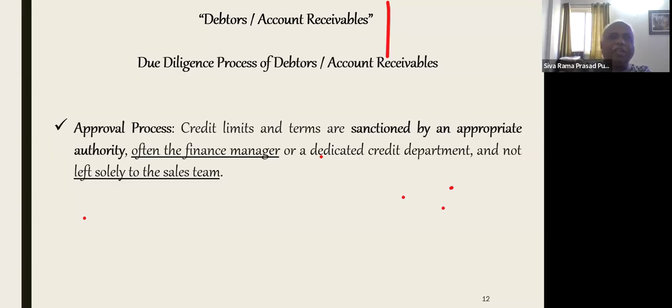The margin is also available if the bankers take back that amount and use it for payment of the claims. In a similar manner, once the IRP recovers the amount from the debtors or receivables, that amount you use for paying the claims. So credit limits and terms are sanctioned by the appropriate authority, often the finance manager and a dedicated credit team, and not left solely with the sales team.